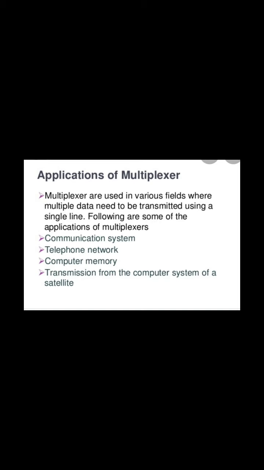It is widely used in communication systems, telephone networks, computer memory, and transmission from a computer system to a satellite. It is used as a data selector, as a parallel to serial converter, and as a waveform generator.